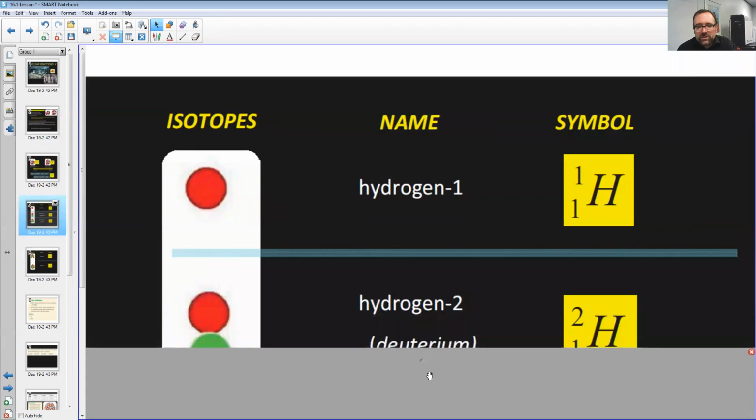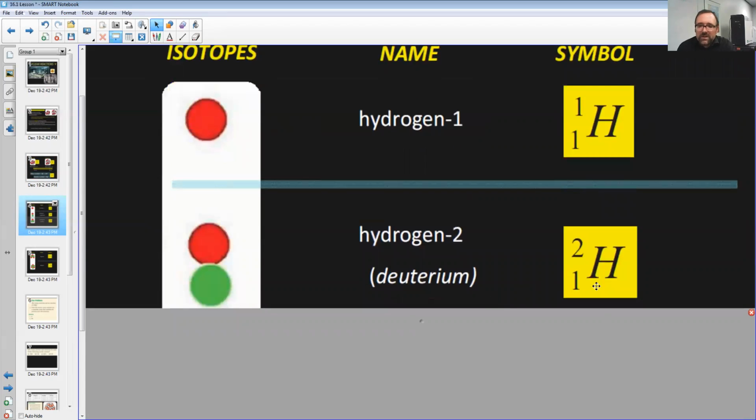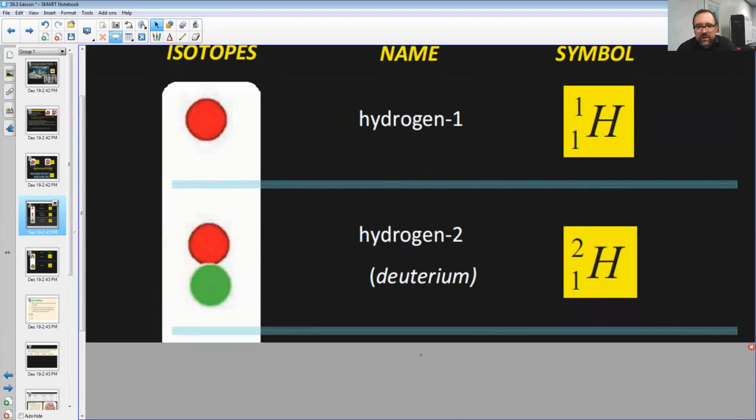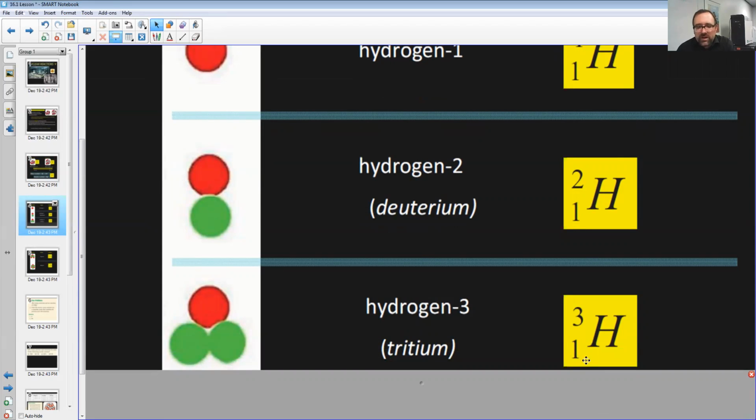Okay, let's look at hydrogen 2. In this case it has 1 proton and 1 neutron. Let's look at the next one, hydrogen 3. In hydrogen 3, you have 1 proton, that's what that bottom left-hand corner means. Add 2 to it, you have 2 neutrons, hence the colors I'm using here, green for the neutrons.